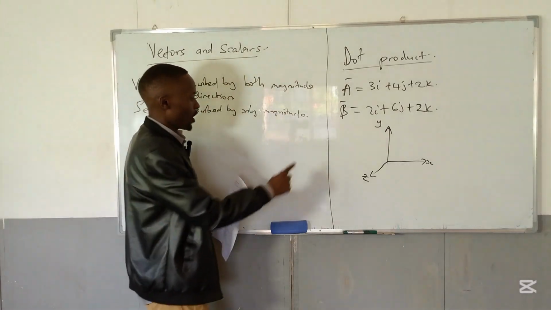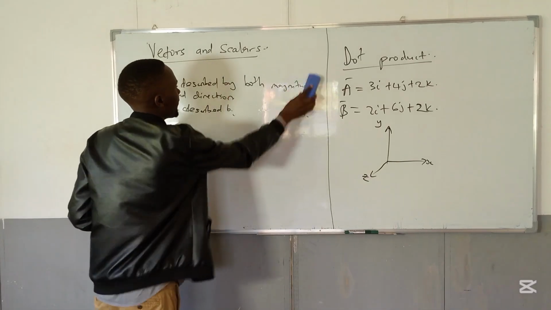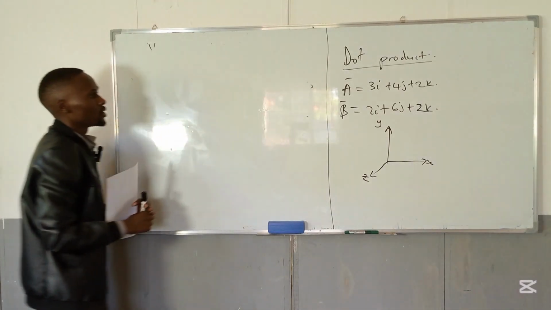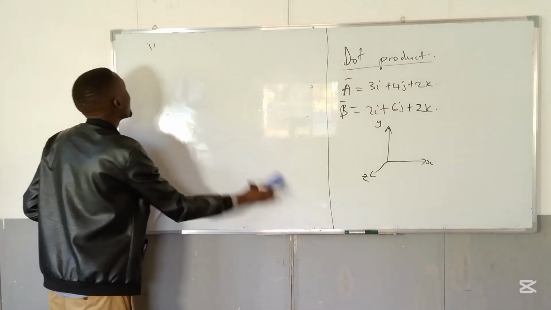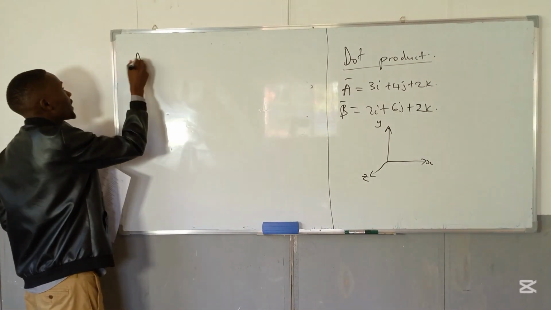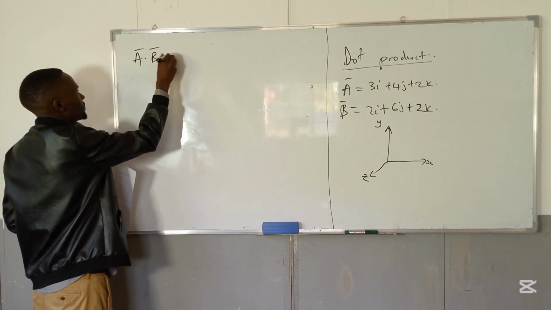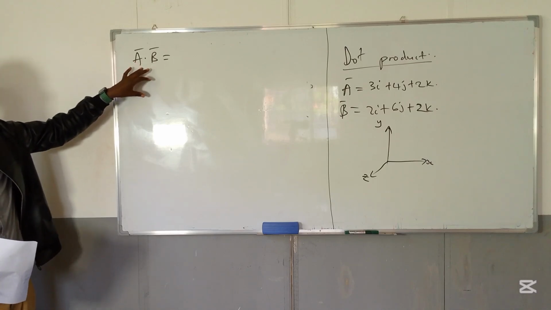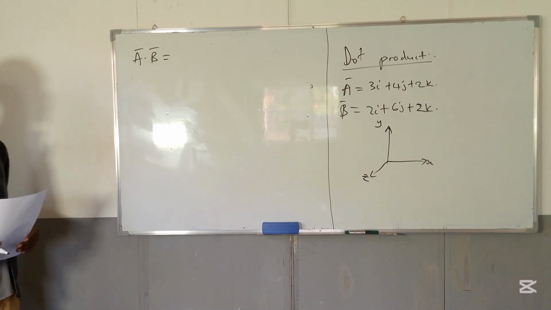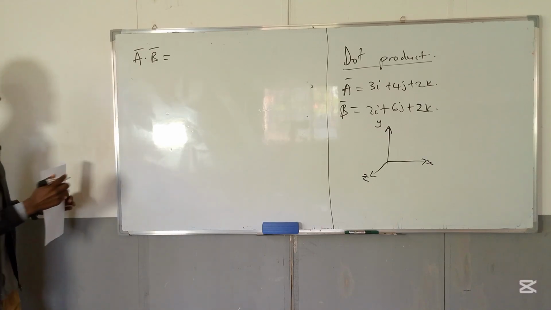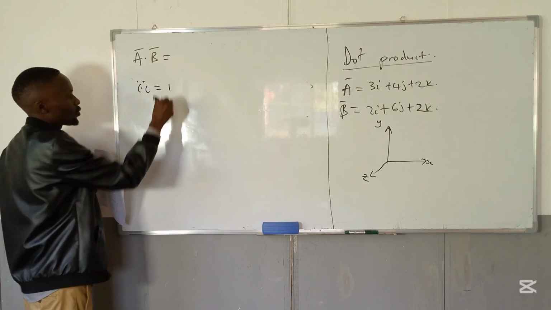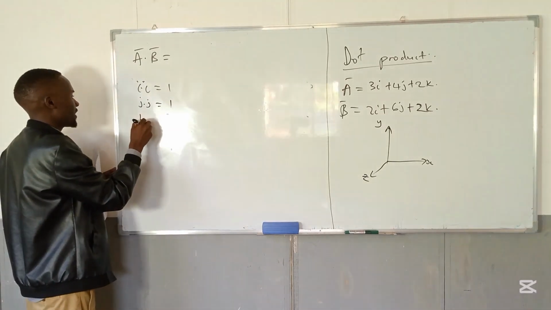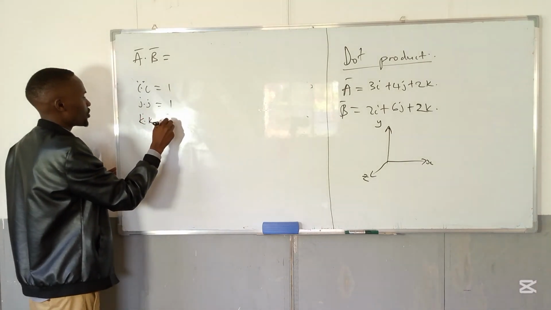Now if we go direct, we have to solve this. If I ask you to find for me A dot B, what you have to know first is i dot i equals 1. j dot j also equals 1. And k dot k also equals 1.